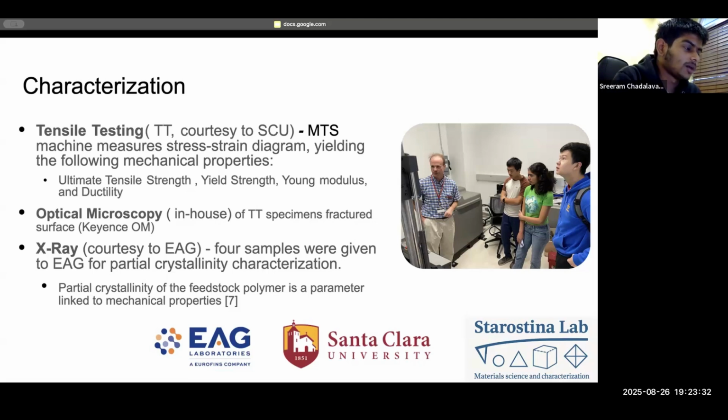We use the Keyence optical microscope to detect surface fractures, and we use X-ray diffraction courtesy of EAG to detect the partial crystallinity of the 3D printed samples. Segueing into our next slide.